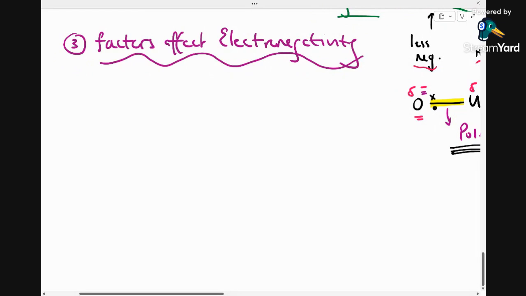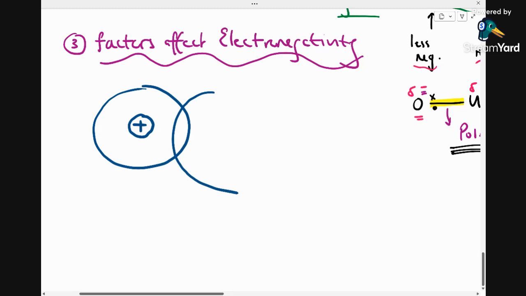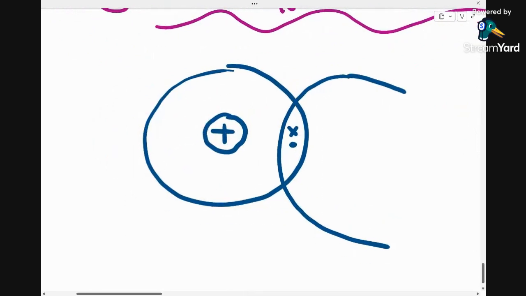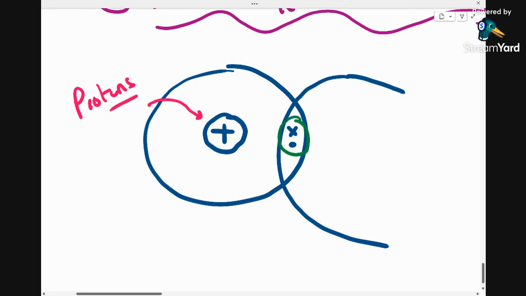Now, the attraction here is between a positively charged nucleus within an atom and electrons that are being used in a covalent bond. So let's put the electrons in here. Essentially, it doesn't matter what this atom is really for now. The key point I want to get across is that this positively charged nucleus, because we've got protons in here, don't forget, is going to be pulling the negatively charged electrons.